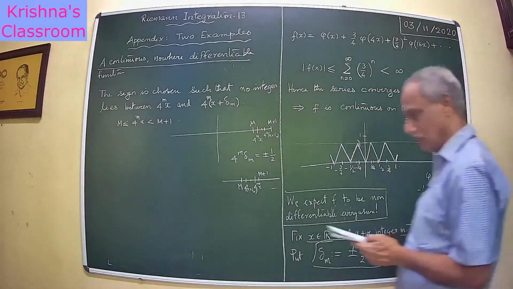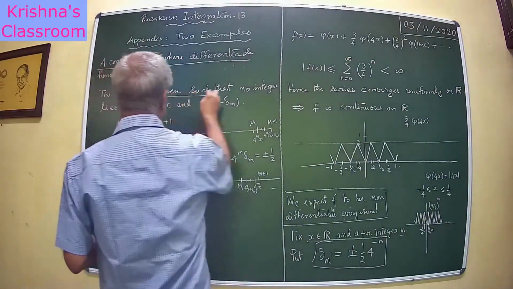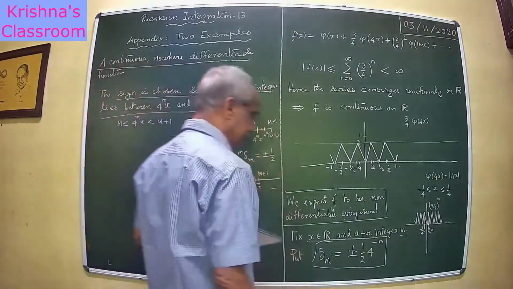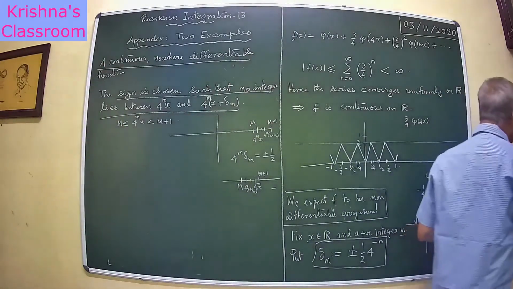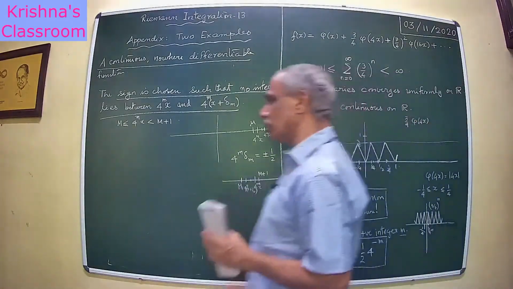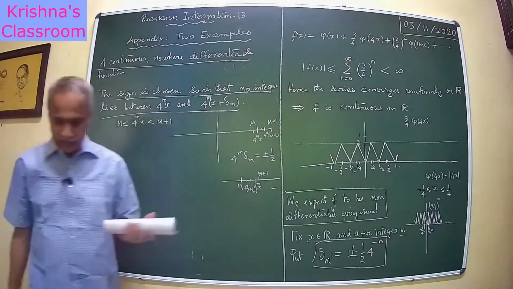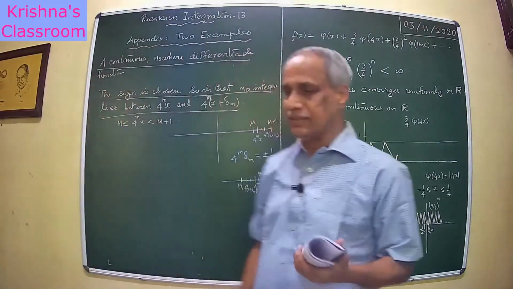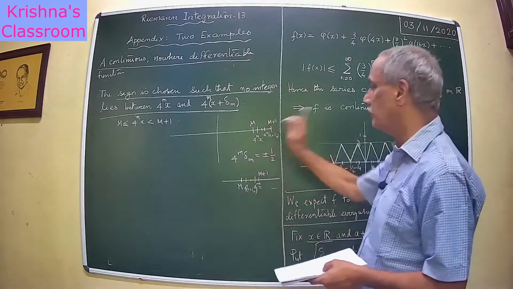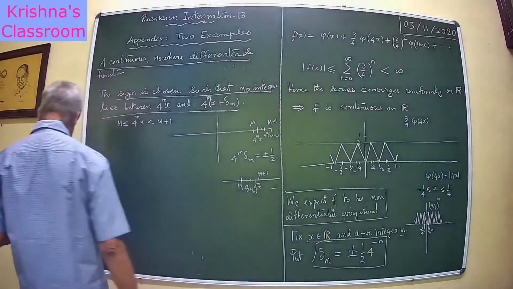So that is how we choose. The sign is chosen such that no integer lies between. Therefore, once we have fixed x, the sign is also fixed. Either it will be plus or minus, depending on what x is and the positioning of 4 to the power m x. That is something to keep in mind because we will be using this.